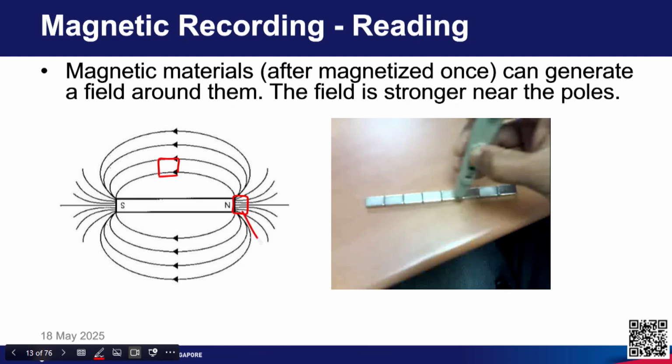This means the magnetic field is strong here, the magnetic field is weak here. This is the reason why the magnets go and stick here, or here, because the magnetic field is stronger there.